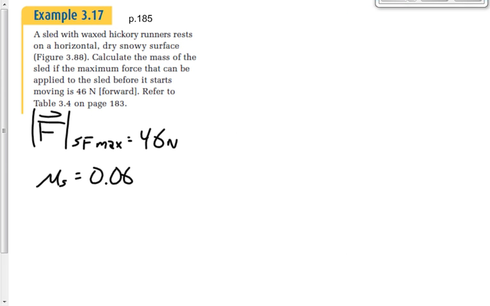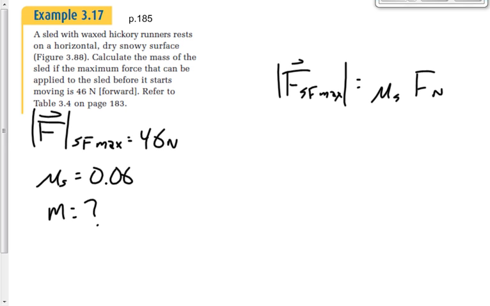Okay, we want to find the mass here. Any ideas? Well, we know the maximum force of static friction is equal to mu times the normal force. Now, this isn't the actual value that we have at any given time. This is the maximum possible value. We have that value. We have mu.